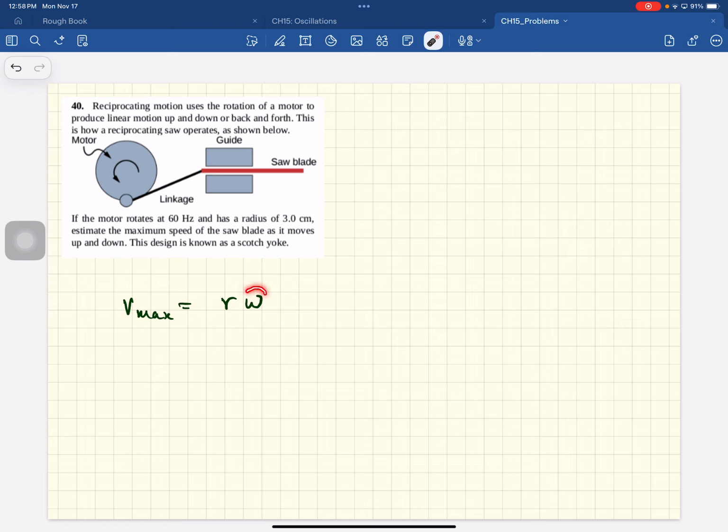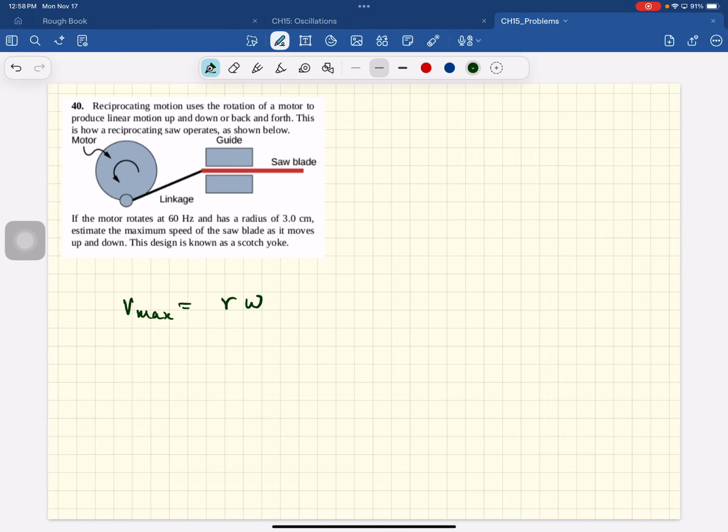In this formula, what should be the units of omega? Whenever linear quantities are related to angular quantities, what should the units be? Very good. This needs to be in radians per second, so we'll need to calculate that.